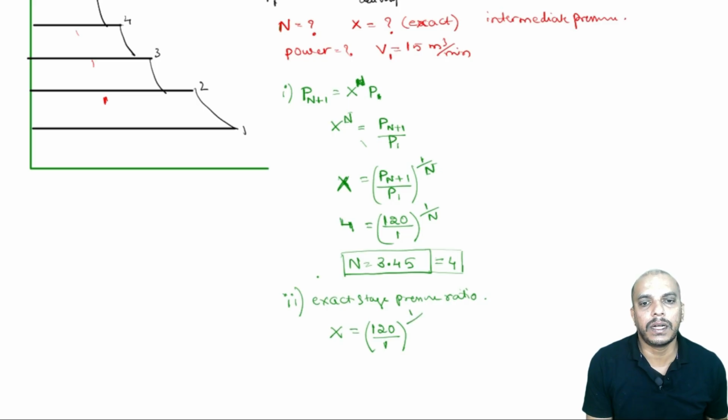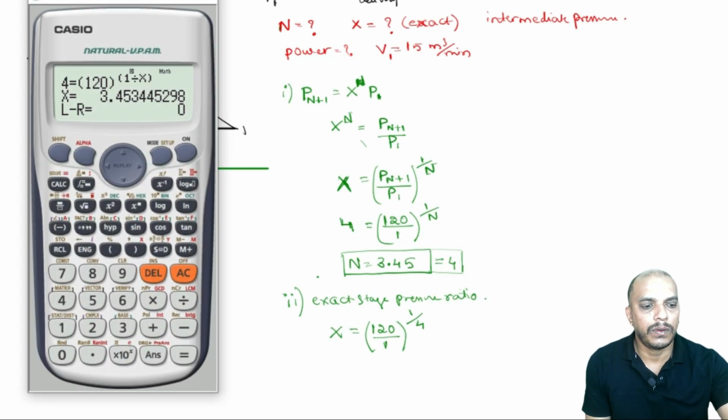Now, we have considered that number of stages will be 4. If that is the number of stages, now 120 to the power 1 by 4, where 1 by 4 is 0.25.